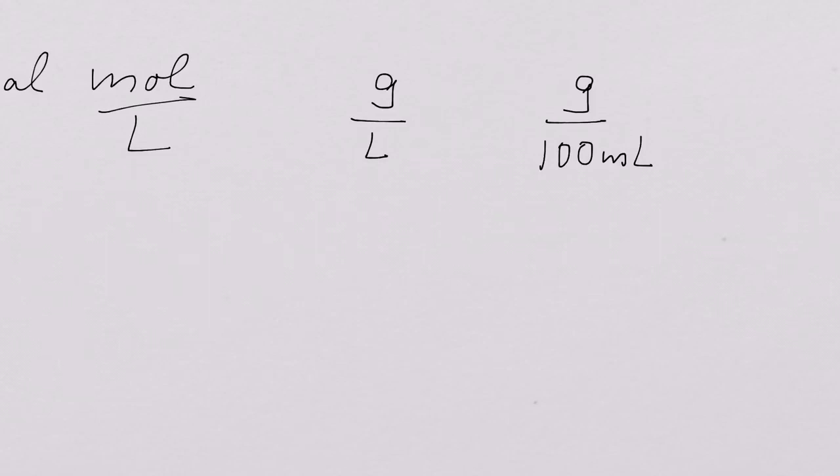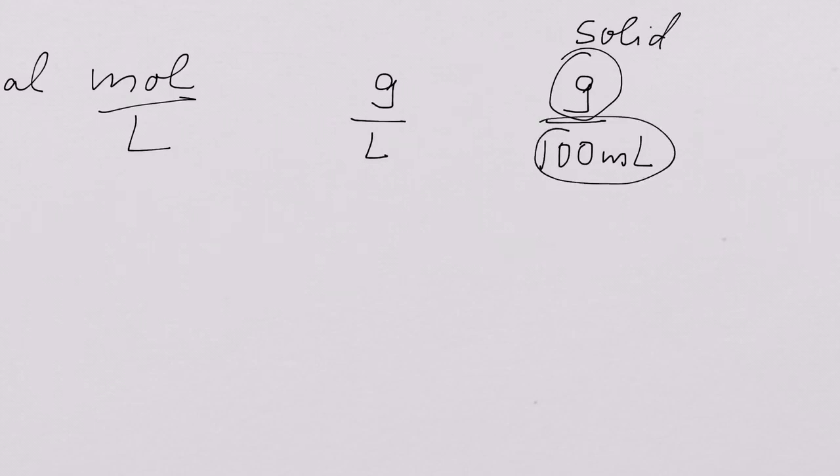Actually, when you are working in a hospital environment, you will come across that very, very often. Gram per 100 milliliter. So this here is a solid substance, and this here usually is a volume of liquid, or it's just a volume.